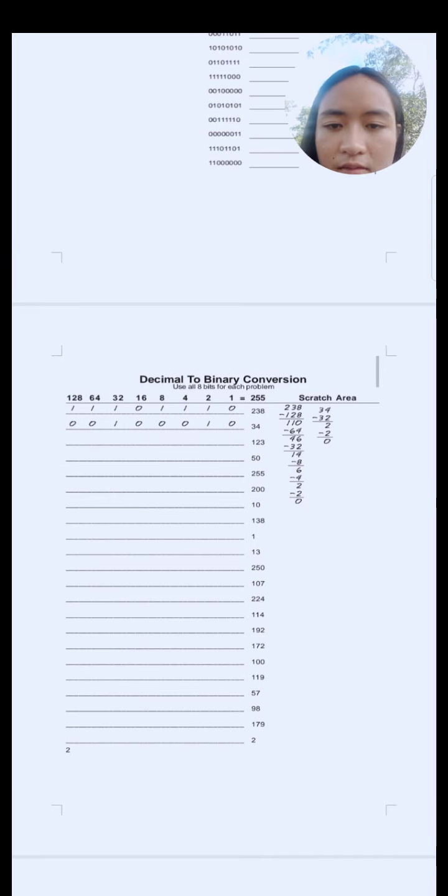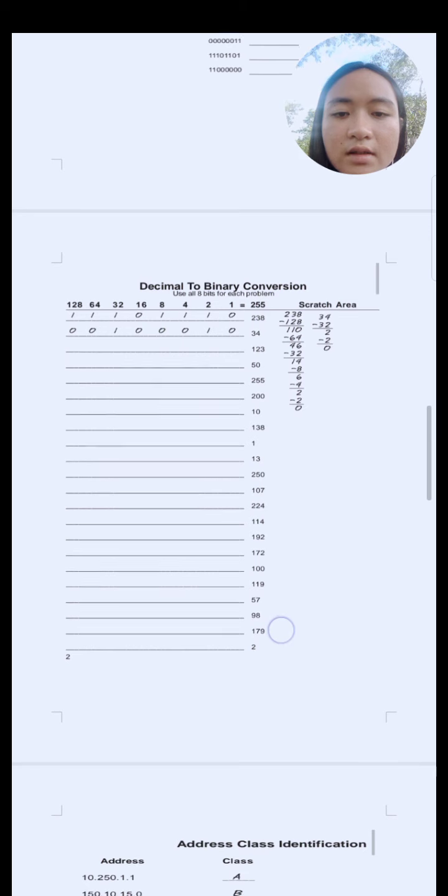So let's proceed to decimal to binary conversion. So we have here the example in number 1. We have the given numbers 128, 64, 32, 16, 8, 4, 2 and 1, which equals 255.